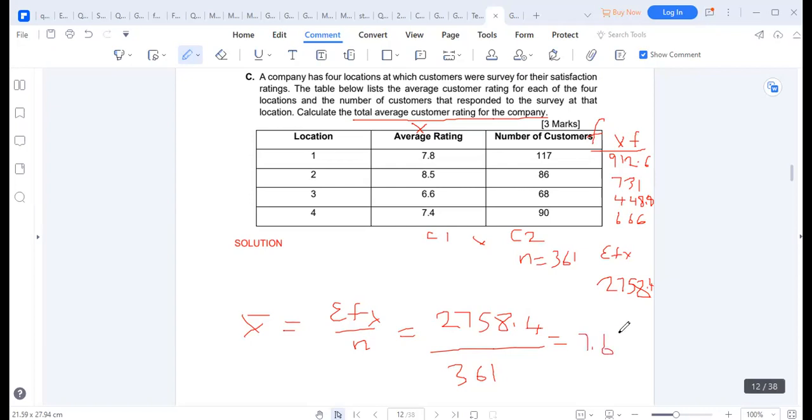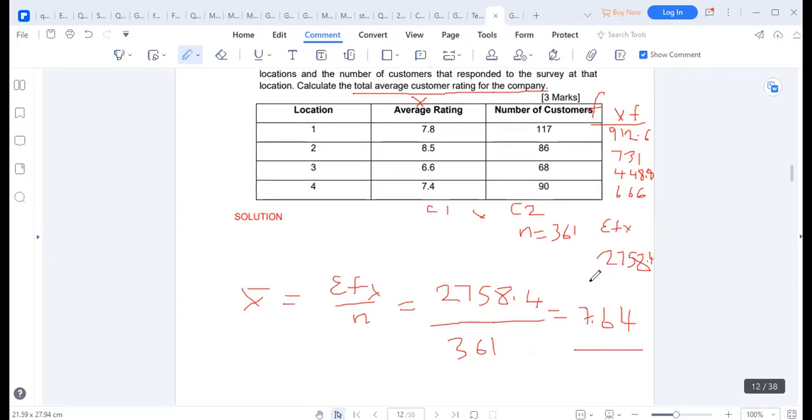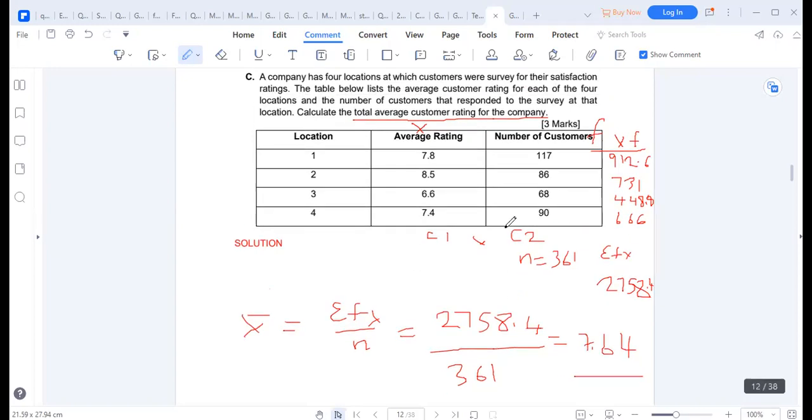This sounds more like what I saw in the marking key. All right. So how many marks for this? 3 marks.